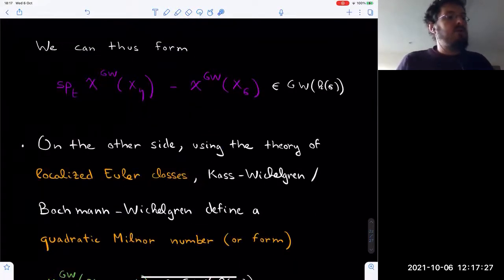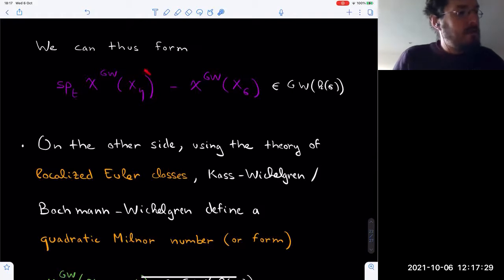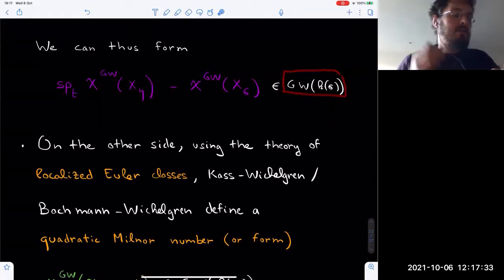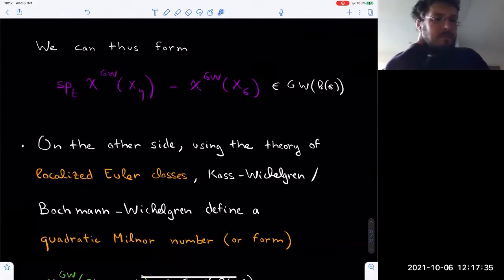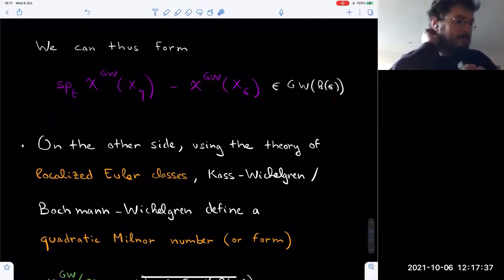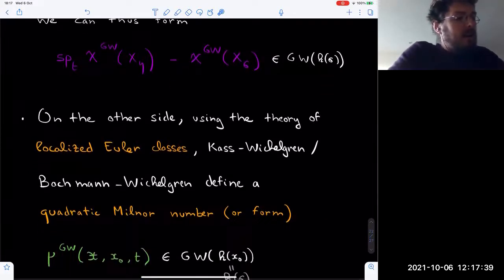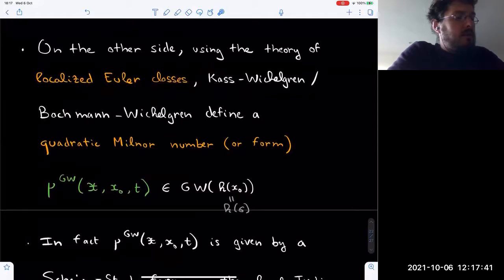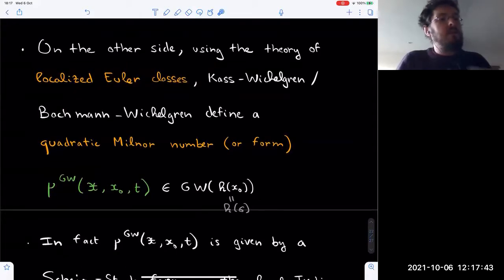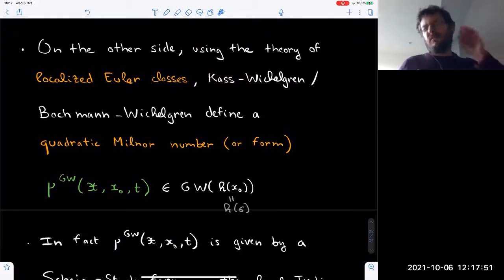So now what we can do is specialize the generic term, and we get something which lives in the Grothendieck-Witt group of the closed point. On the other side, in this equal characteristic setup, at least, we can use the theory of localized Euler classes.